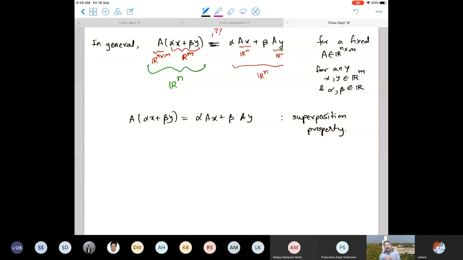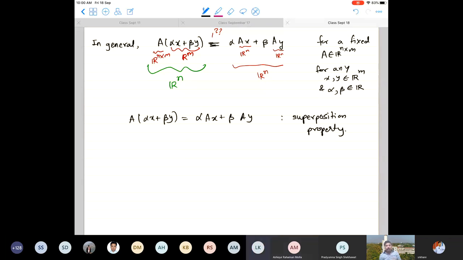That's what is happening in this superposition property. So inherently this is a superposition of inner products only. I hope this is clear. Any doubt on this?